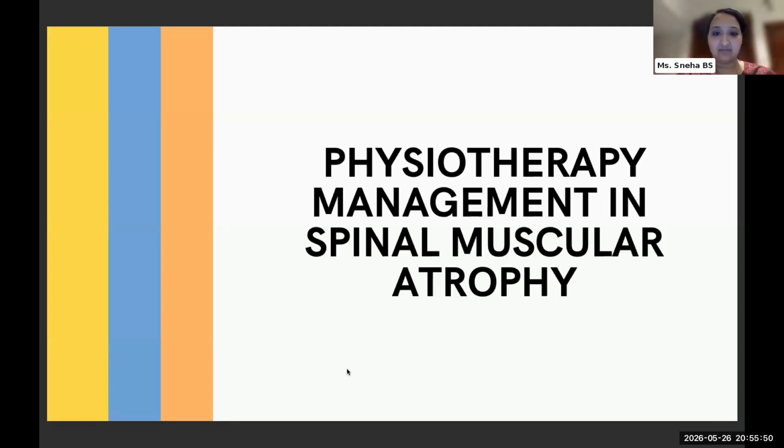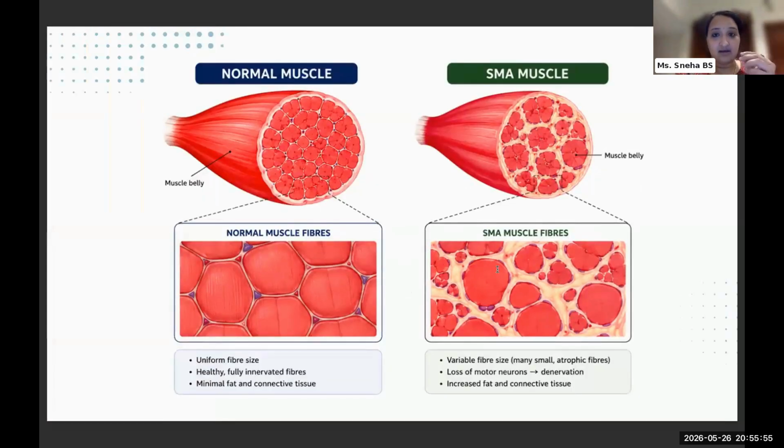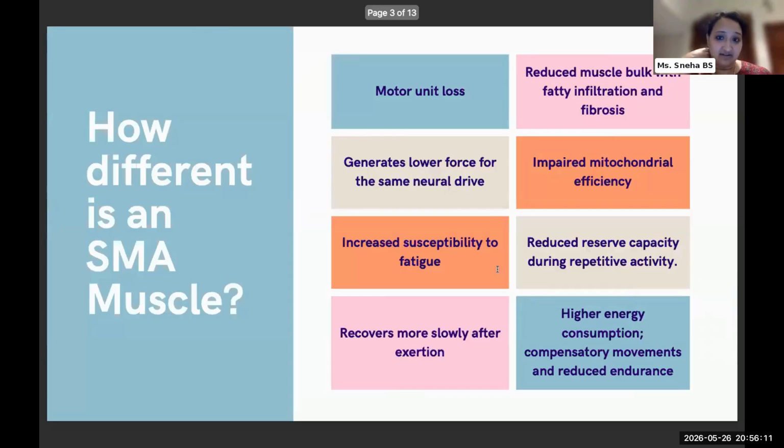Before we get into that, let's first understand how a spinal muscular atrophy muscle is different from a normal muscle. If you see the picture itself, there's a lot of difference: the muscle belly, the number of muscle fibers, a good chance of fatty infiltration, and loss of motor units. An SMA muscle generates lower force for the same neural drive.